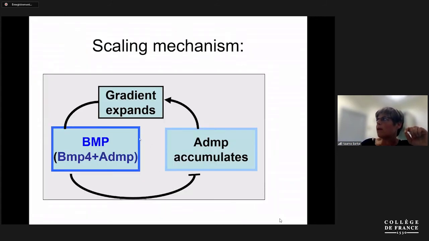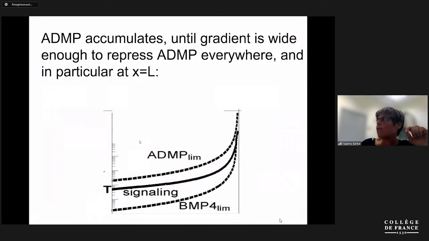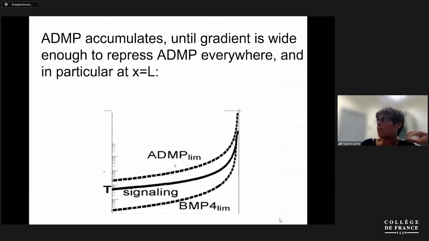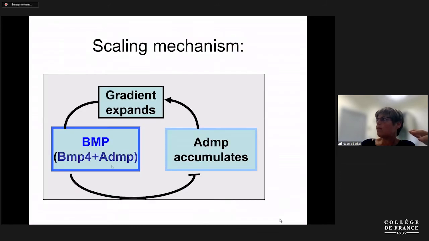Now, if we think of ADMP as an expander, the signaling represses ADMP. Remember, ADMP is the one which is wider, but the signaling represses it. So ADMP can only accumulate at regions of low signal, and this leads to the expansion of the gradient.